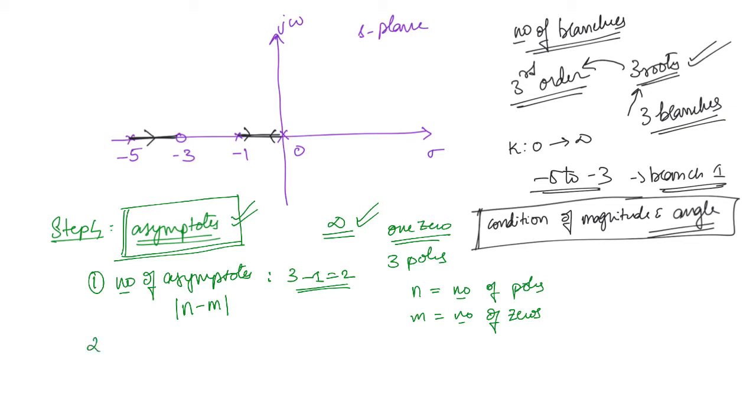The second step is, where do these asymptotes meet or intersect the real axis? Intersection of real axis. This point is called the centroid.